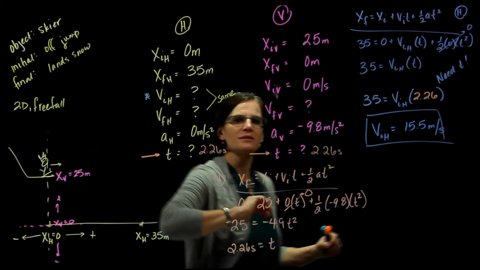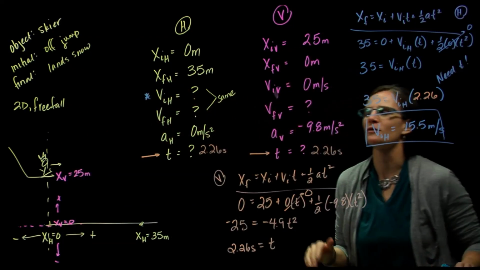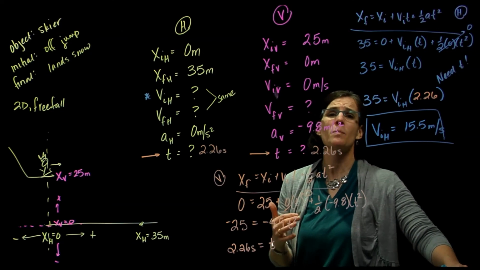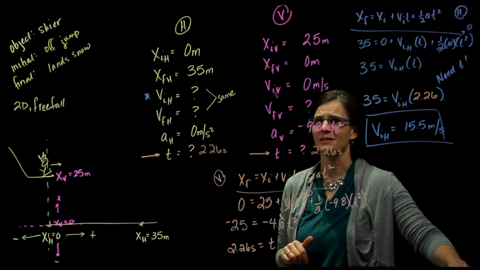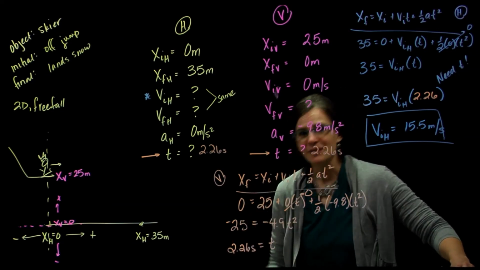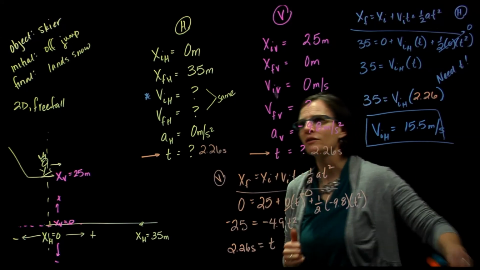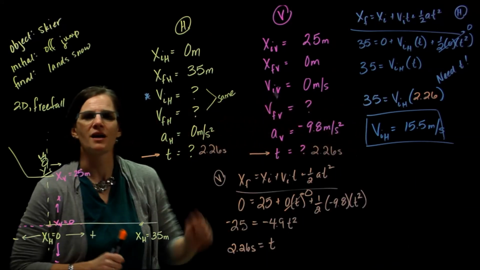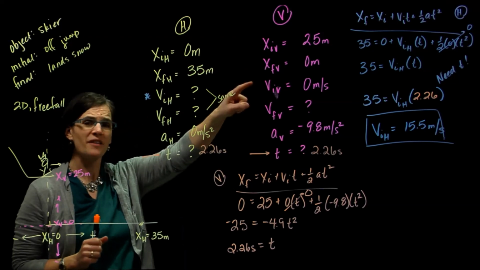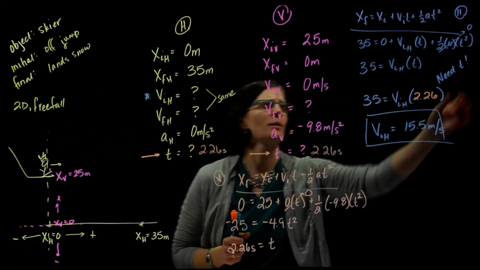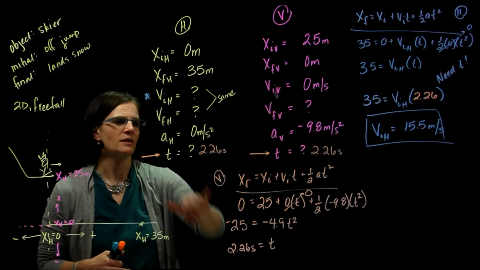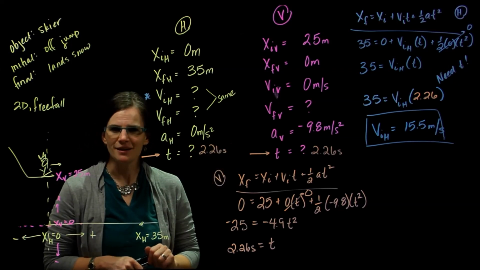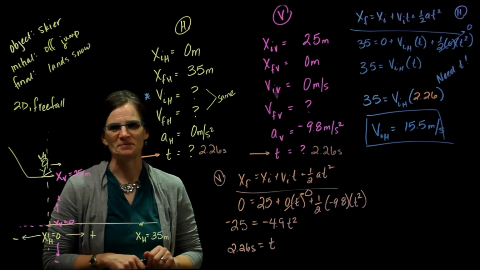A horizontal descriptor of motion, a vertical descriptor of motion. Independence is so powerful for two-dimensional motion analysis. Really recognizing what we are interested in solving for. We're interested in solving for that velocity off the jump. We go after that velocity. It tells us what we need. We reevaluate, recognizing where we can get that information and then using it. Great job.